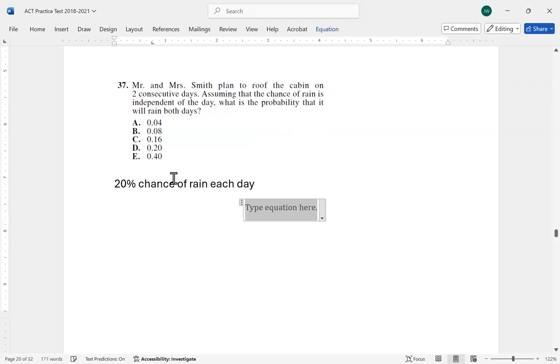So what is the probability that we get rain on day 1 and then also rain on day 2? Well, if you have a 20% chance on day 1, you take 0.2. And then if we have a 20% chance on day 2, that's another 0.2. Since these are independent, we would multiply those. 0.2 times 0.2 is 0.04.